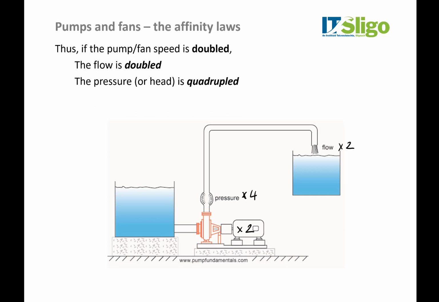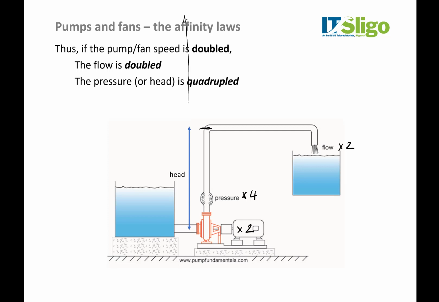Now, there's another word here, head. Head, guys: if the system is open, then the pressure would stay the same because there's an opening, but the pump would be able to pump to 4 times the head. So if this was the limit of the pump at the first speed, when we double the speed, it would now be able to pump 4 times higher.